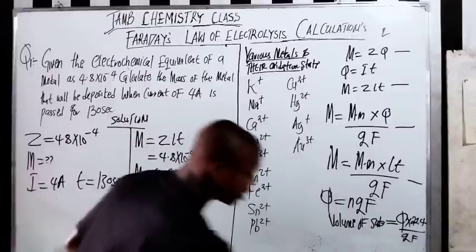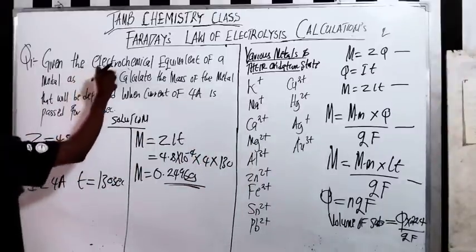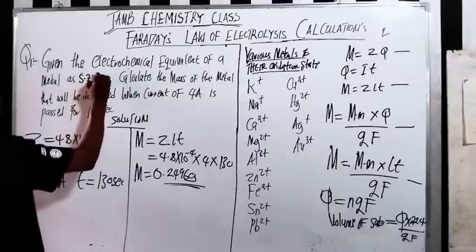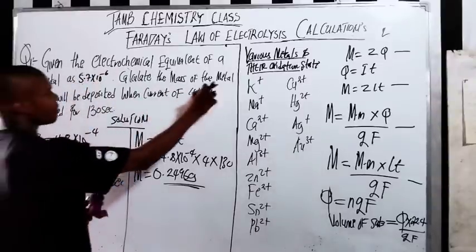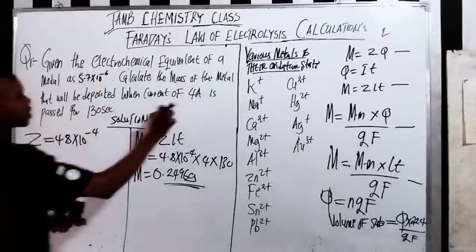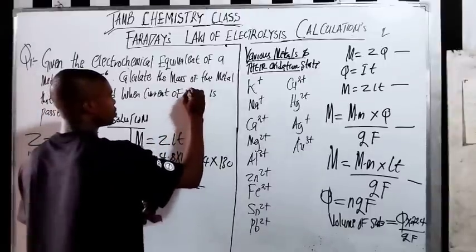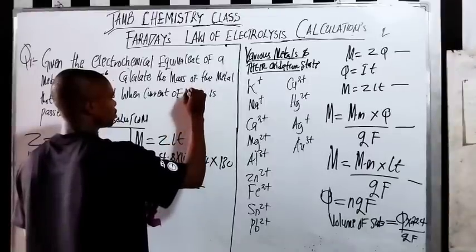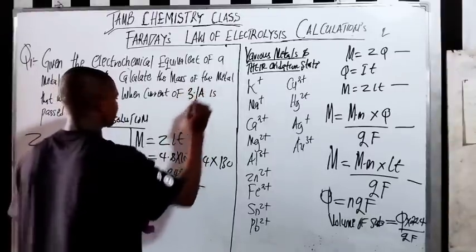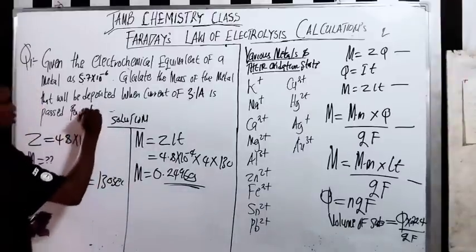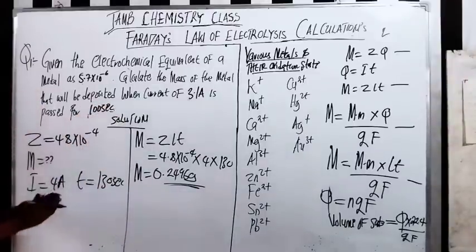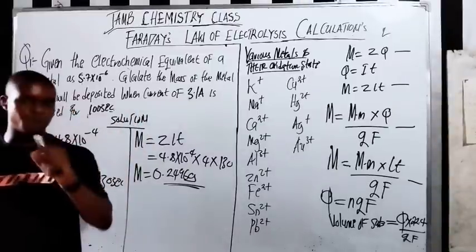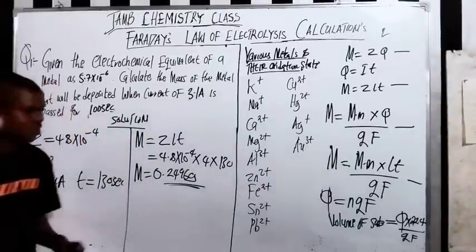Imagine I change this one here to 5.7 × 10⁻⁶, and it says calculate the mass that will be deposited, with 3.1 amperes and 100 seconds. Go ahead and solve this one for me and leave your answer in the comment section. This is going to be Try One. Let me pause the video. Do you understand?